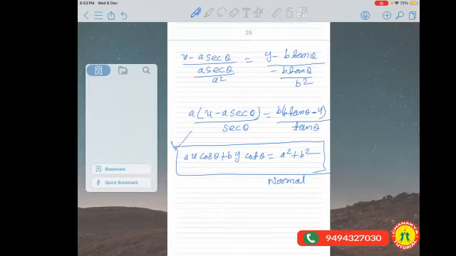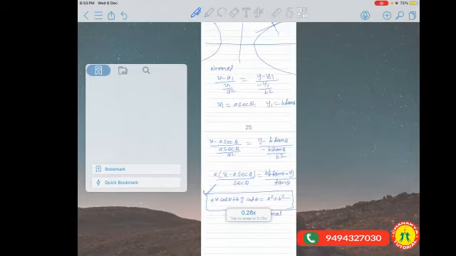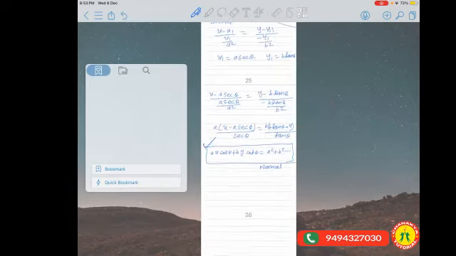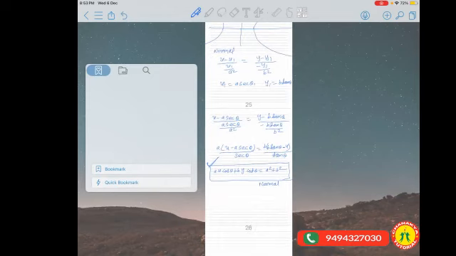Is it clear? In simplified form, ax cos theta plus by cot theta equal to a square plus b square.